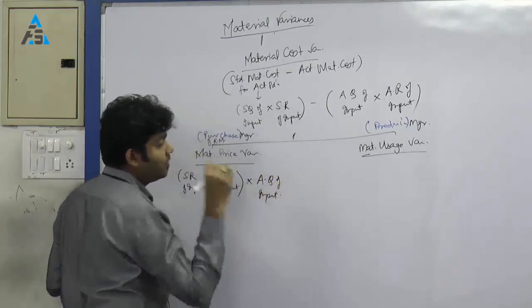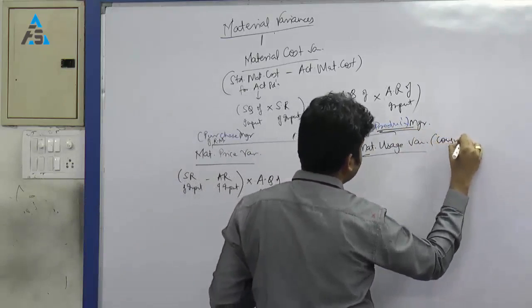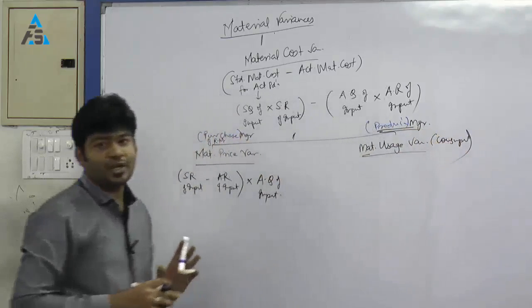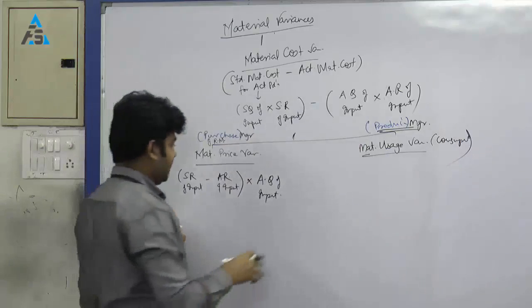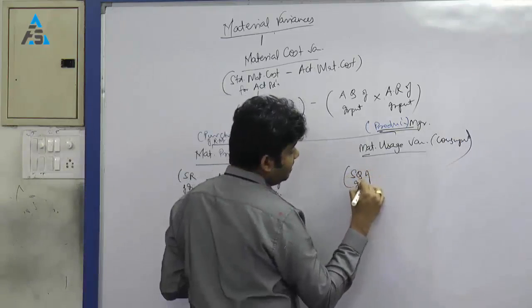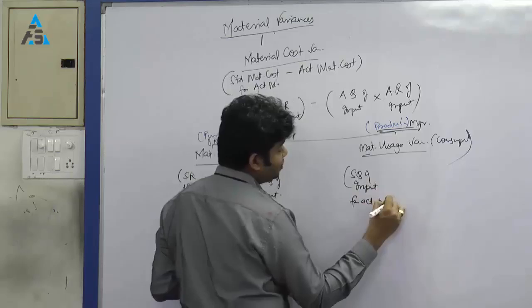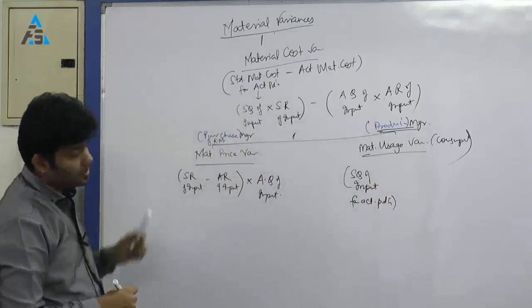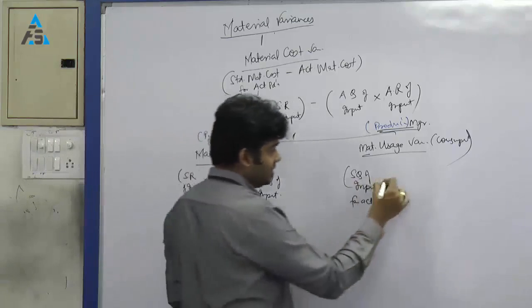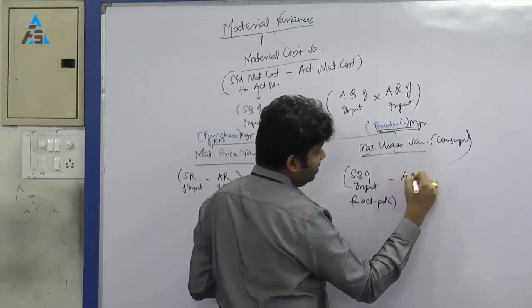Material usage variance, production manager is responsible. So this is more resulting from the consumption aspect. So consumption aspect को अगर मैं इधर ध्यान देता हूँ, तो standard quantity of input for actual production minus actual quantity of input.